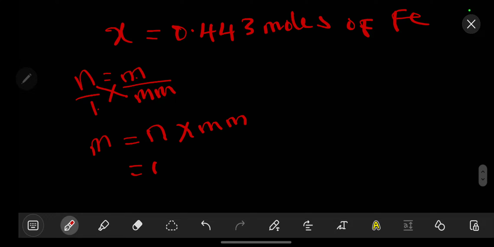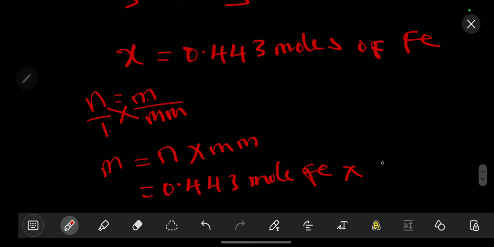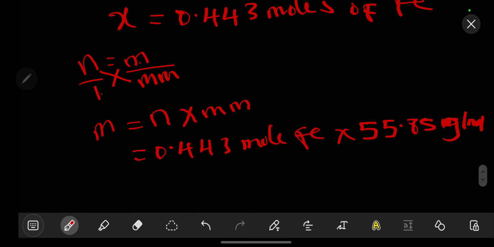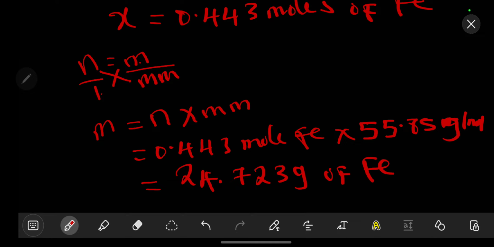The number of moles is 0.443 moles of Fe. Then we multiply by the molar mass of iron, which is 55.85 grams per mole. When we multiply this, we get a value of 24.723 grams of iron. That means we have calculated that.